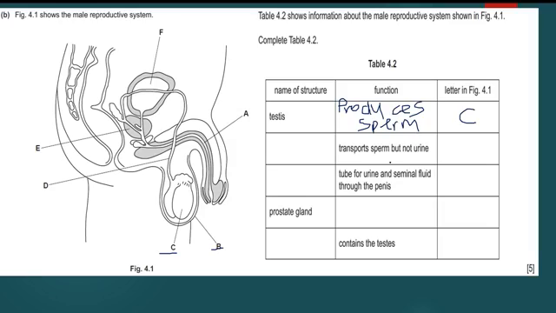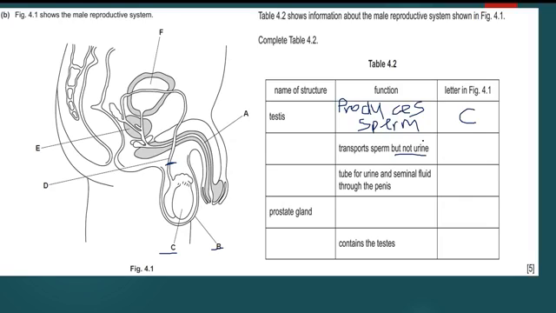Then transports sperm but not urine. Key point there. So you must read your questions carefully. But not urine. Transports sperm but not urine. So that one will knock out the urethra, but we will go for the sperm duct. So if you look at the sperm duct, remember I said it is the tube that comes from the testis, and it is this one, that's the sperm duct.